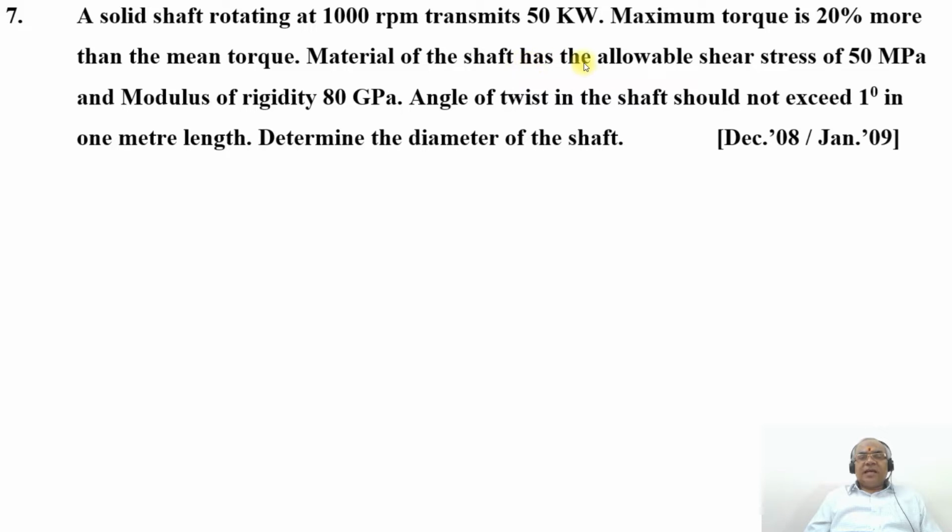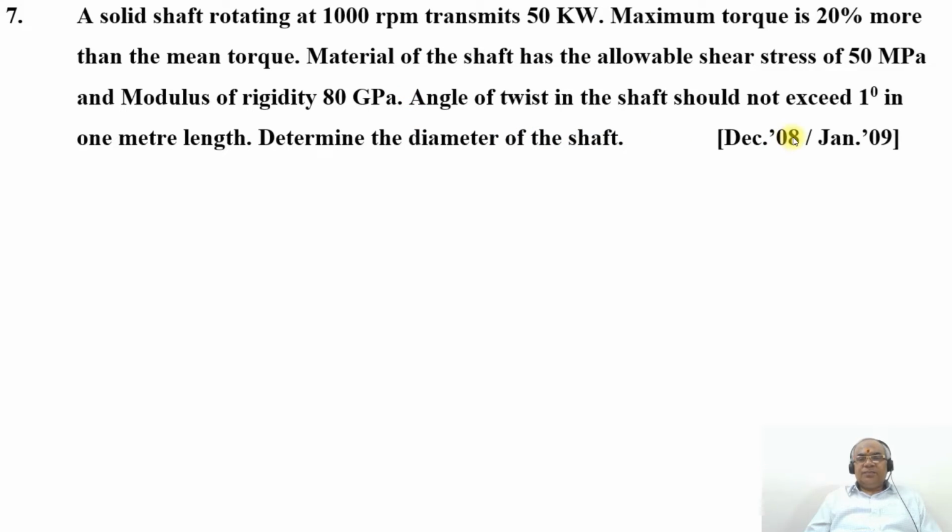The material of the shaft has the allowable shear stress of 50 MPa and modulus of rigidity is 80 GPa. Angle of twist in the shaft should not exceed 1 degree in 1 meter length. Determine the diameter of the shaft.